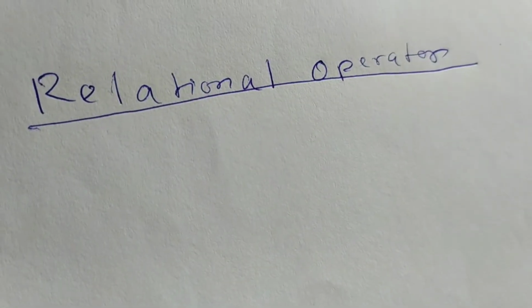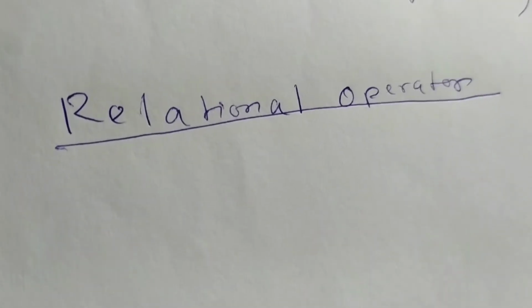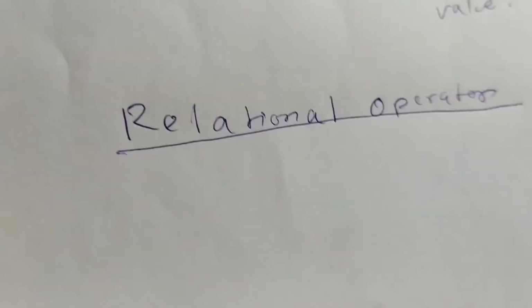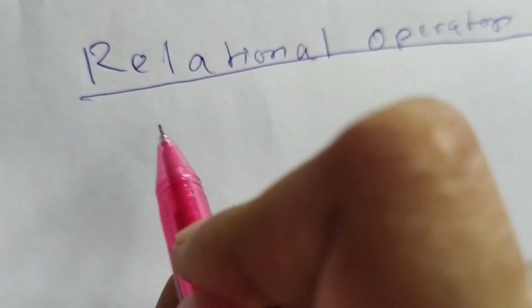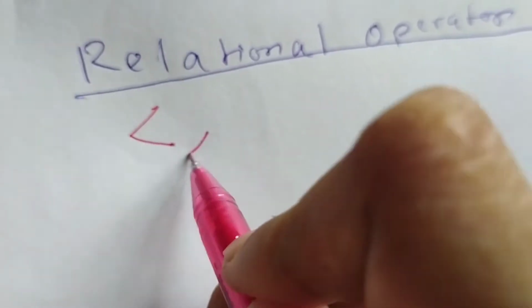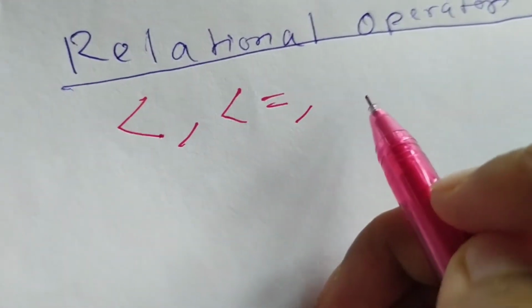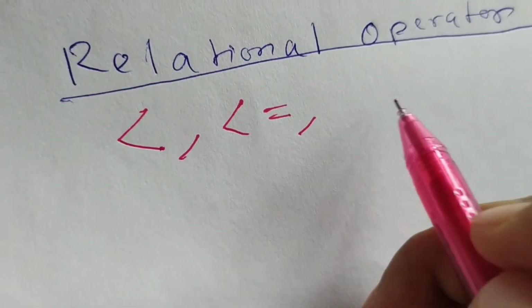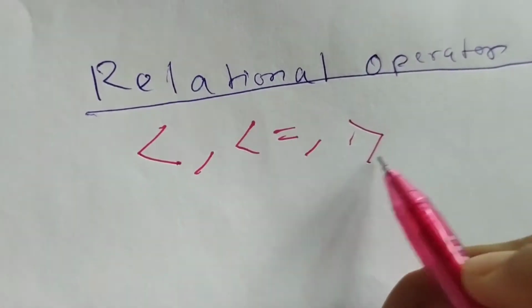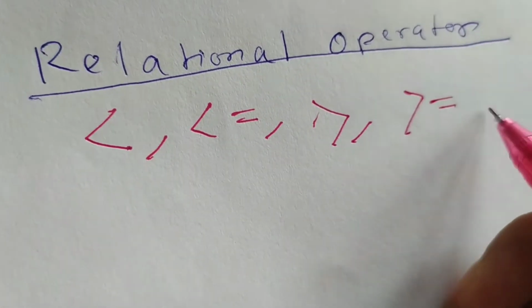A relational operator is generally used to describe a relation between two numbers. So what are the relational operators? Suppose less than, less than or equal to, greater than, greater than or equal to. It generally describes the relation between two numbers.